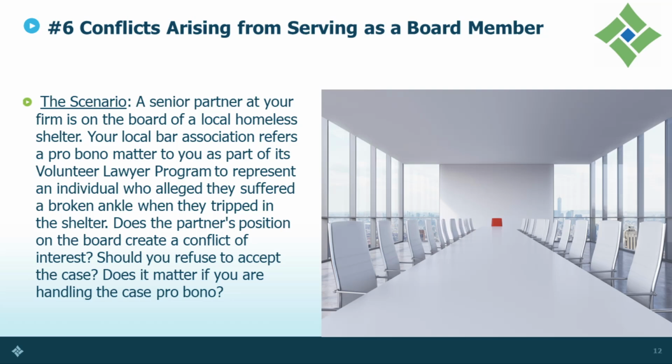Whether the lawyer's personal interest rises to the level to materially limit the representation is again going to be evaluated on a case-by-case basis, but the optics here are not good. It's probably best to decline this one. And note the law school essay question red herring here. The fact that you would be taking the case on a pro bono basis makes no difference.